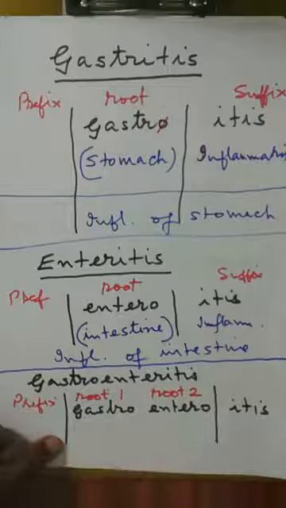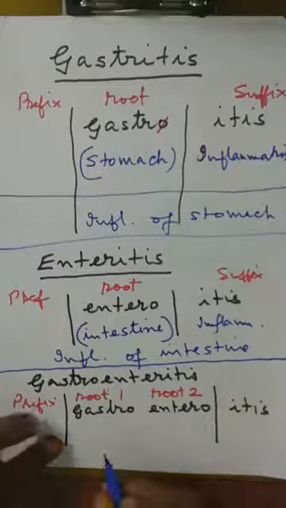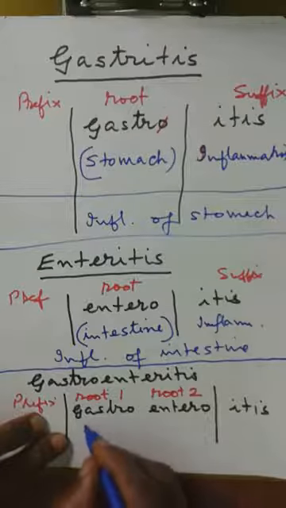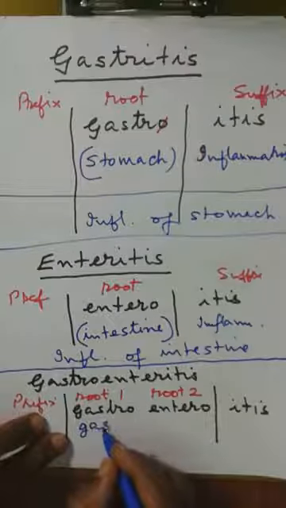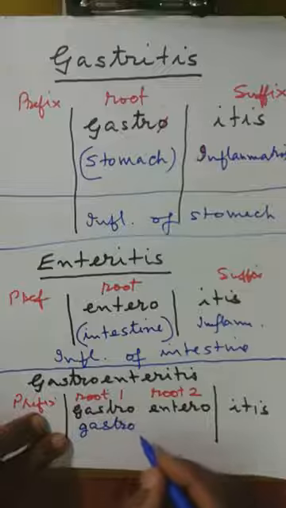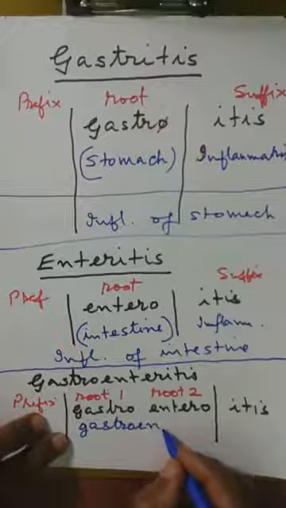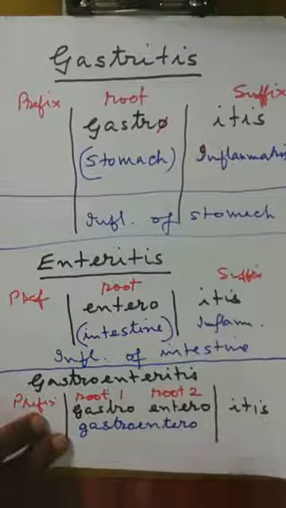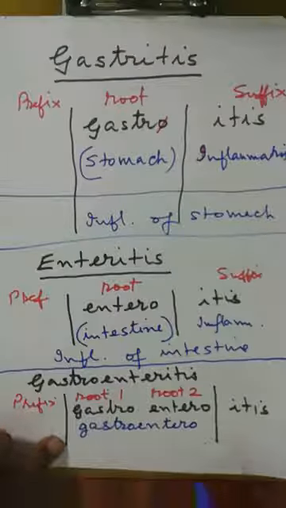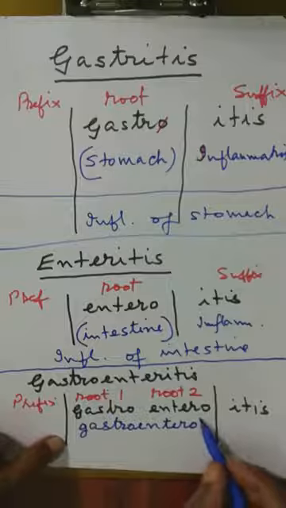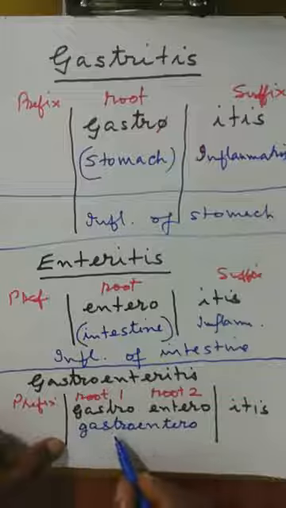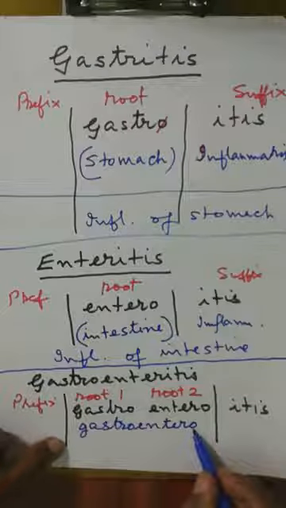So in the first step, this will be gastroentero. This is the first step. Now, root 1 plus root 2 became a common word, gastroentero.